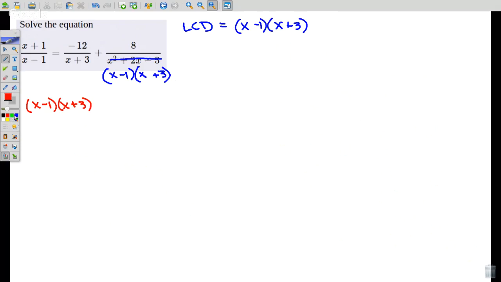Don't try to shortcut this, otherwise things go bad, times x plus 1, over x minus 1, equals, take that LCD, x minus 1 times x plus 3, multiply it by the next fraction, negative 12 over x plus 3.